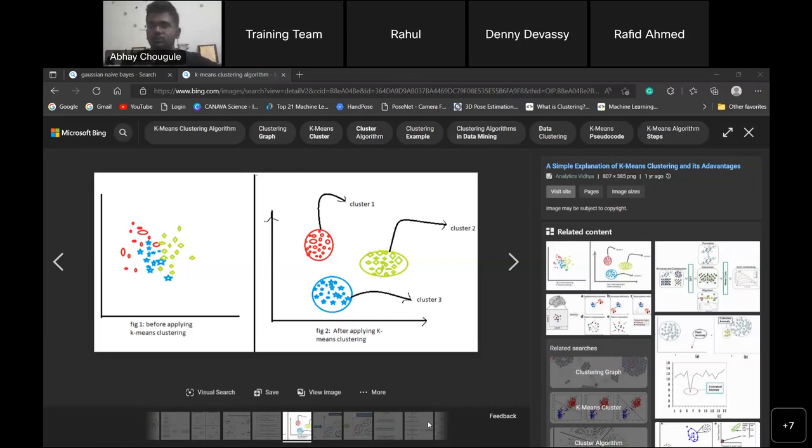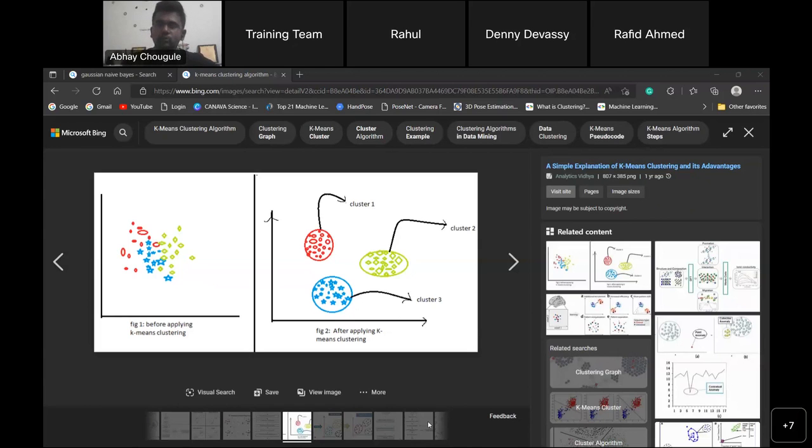In unsupervised learning, there is the K-means clustering algorithm. In K-means clustering, if you set K equal to 5, it will create 5 clusters.